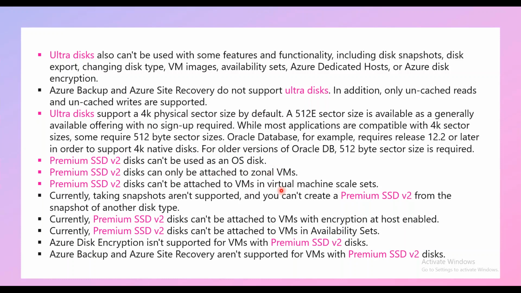They can't be attached to a VM in a VMSS, the auto scaling virtual machine scale sets cannot have Premium SSD v2, and snapshots also cannot be taken. You cannot export it, you cannot change the disk type, you cannot take a VM image, it cannot be mapped to a dedicated host, and it cannot have disk level encryption configured. Even Azure Backup and Site Recovery are not supported for Premium SSD v2 as of now. It is currently not supported.